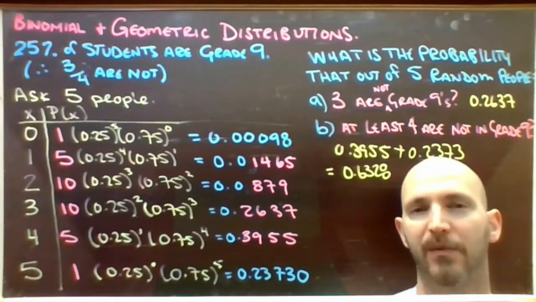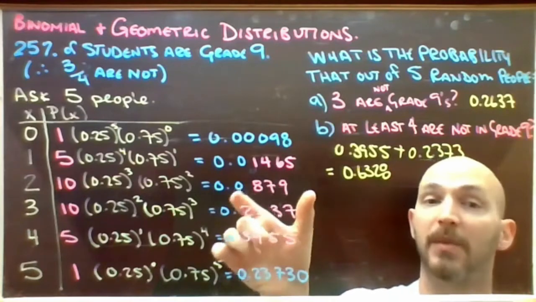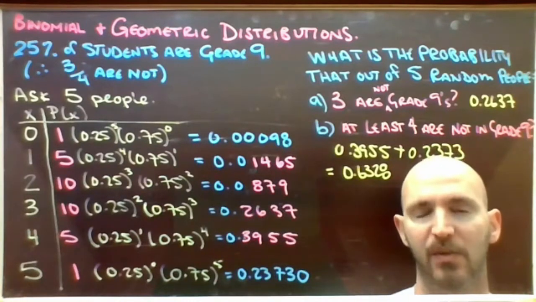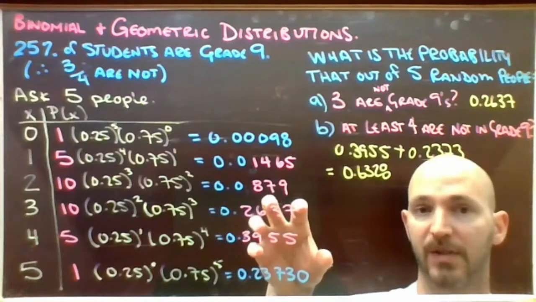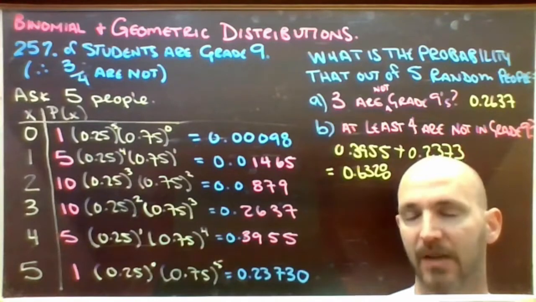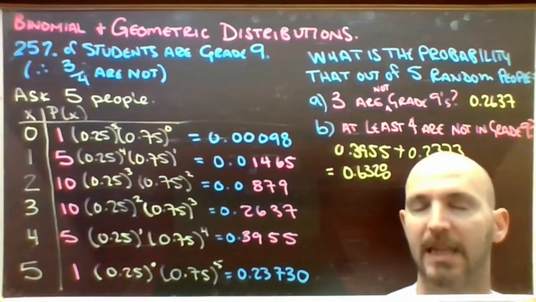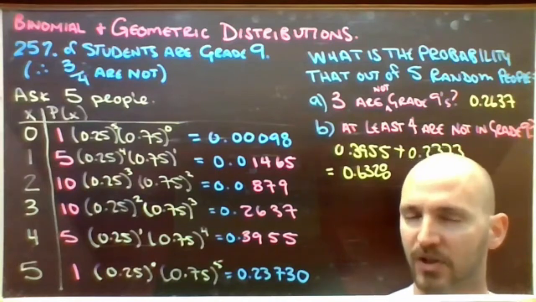By saying out of 5, you are implying that I have pre-decided how many people I'm going to ask. And as soon as you've done that, as soon as you set a small chunk for your sample, then that's a binomial question. If the question had said, keep going until you find one, that's a geometric question.